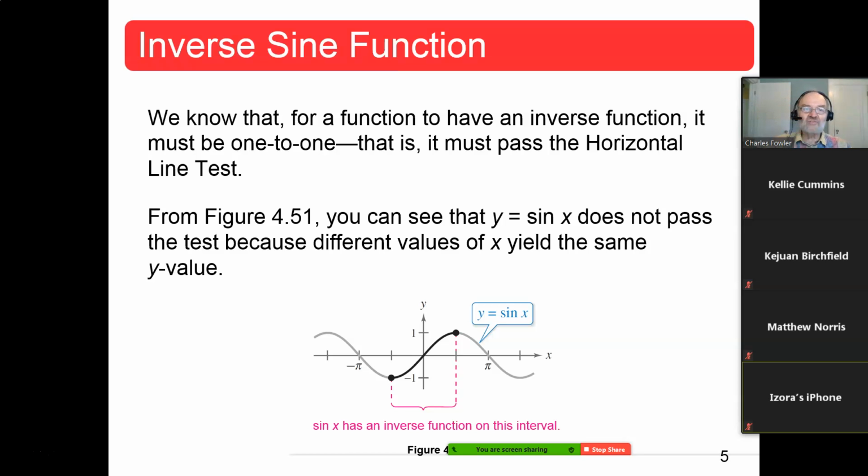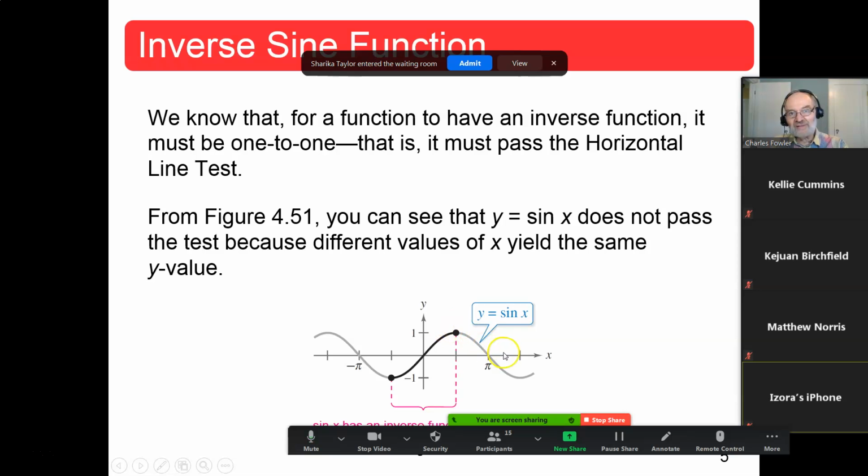A 1-to-1 function must also pass the horizontal line test. Well, if you think about how a sine function looks, it repeats itself all over the place. It backs up on itself here, here, here, here. Every time it changes direction, it's changing from increasing to decreasing. So therefore, the only places that sine is 1 to 1 is where it's strictly increasing, like here, strictly decreasing here.